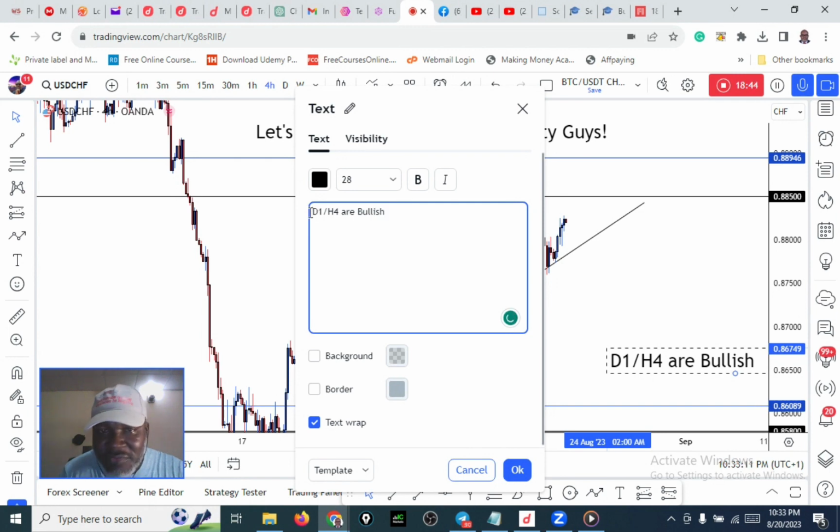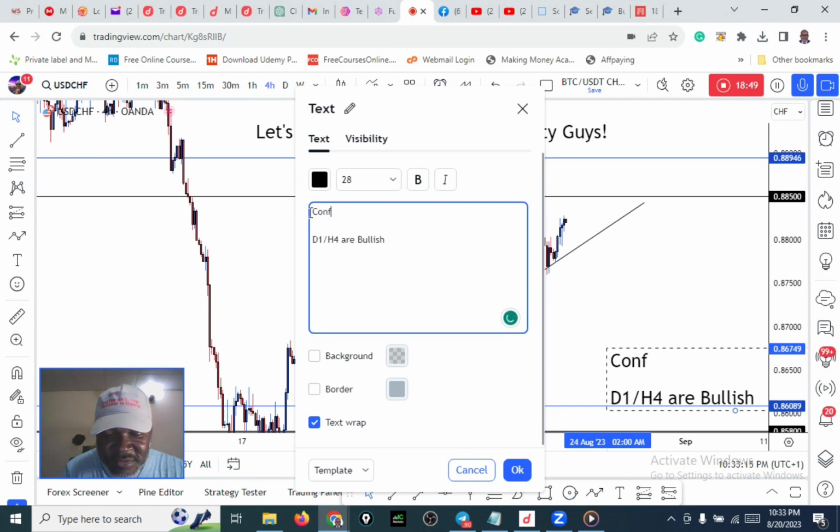We're looking for confluences for a buy trade. Number 1 confluence is that these 2 time frames are bullish.